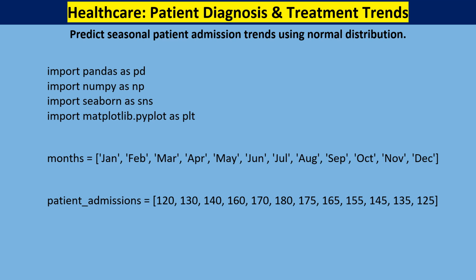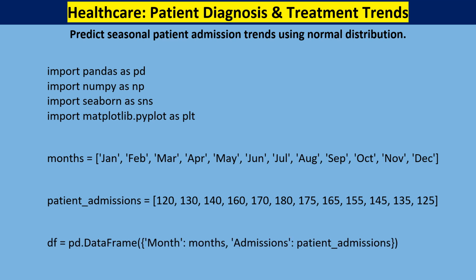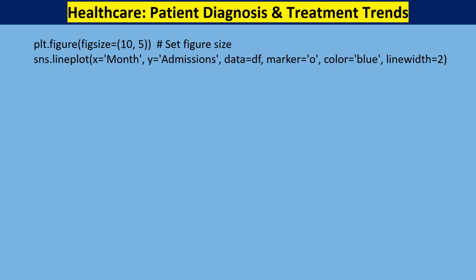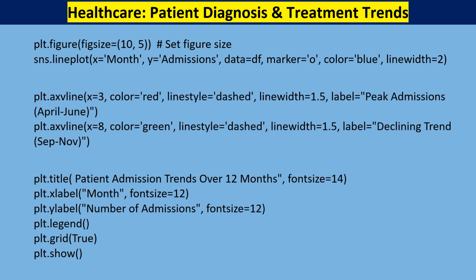And then we create a data frame to organize the data. And then we plot the patient admission trends, set the figure size, and then we have a line chart with markers and highlight seasonal trends, peak admissions and declining trends. And then we have the labels and titles.